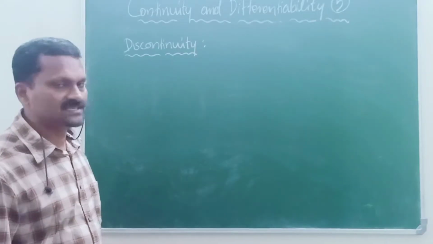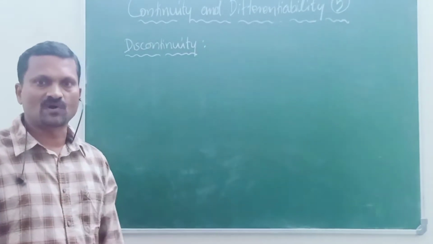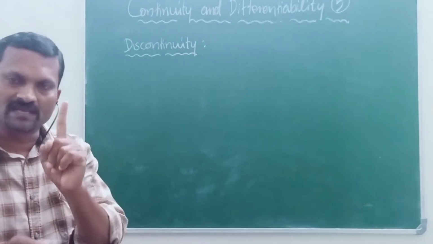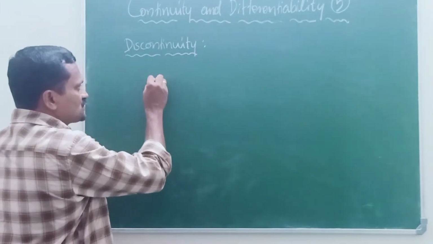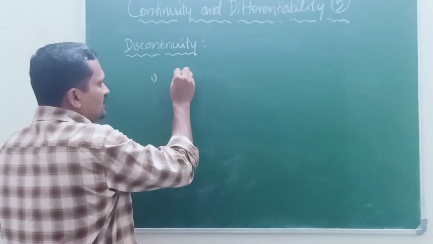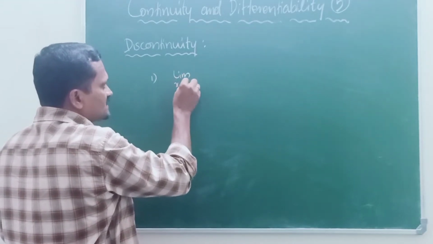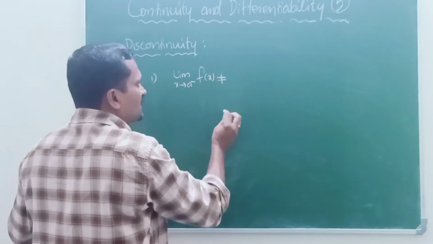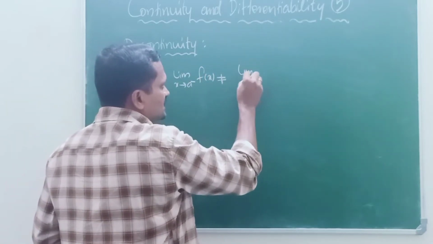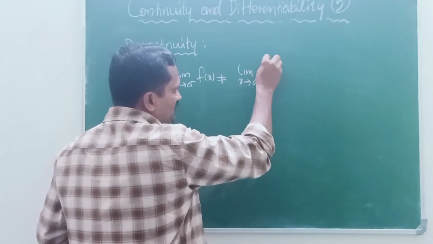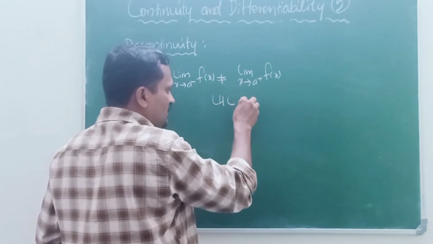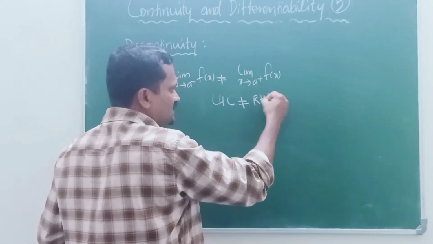If a function is not continuous, it is called discontinuous. Discontinuity occurs in two different ways. First one: limit x tends to A minus f of x not equal to limit x tends to A plus f of x. That is, LHL not equal to RHL.